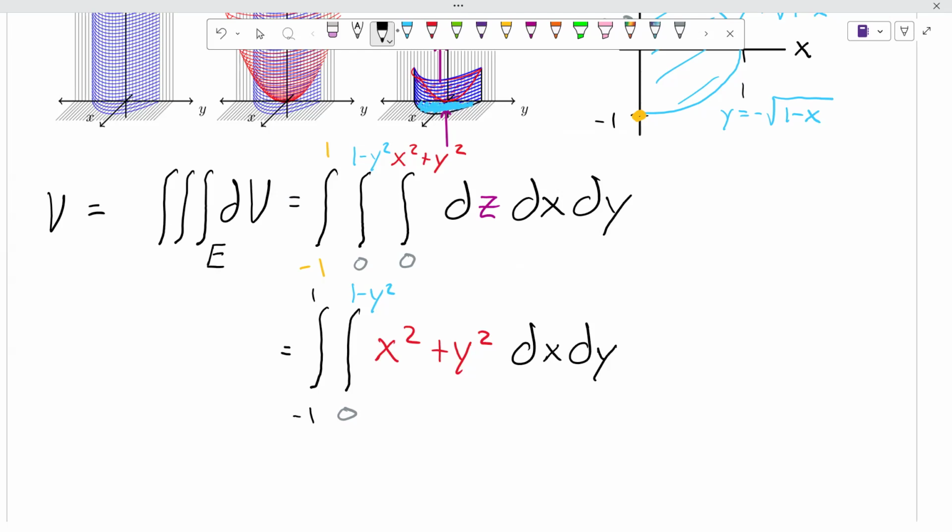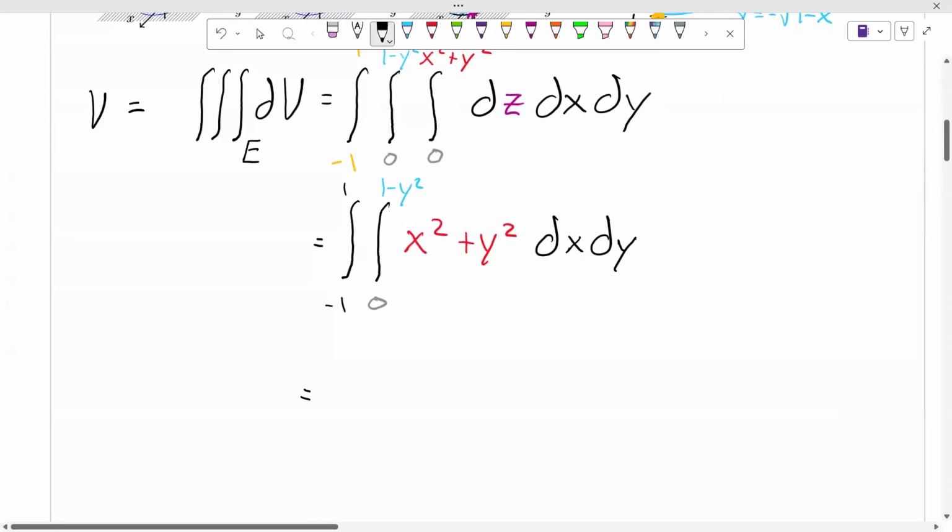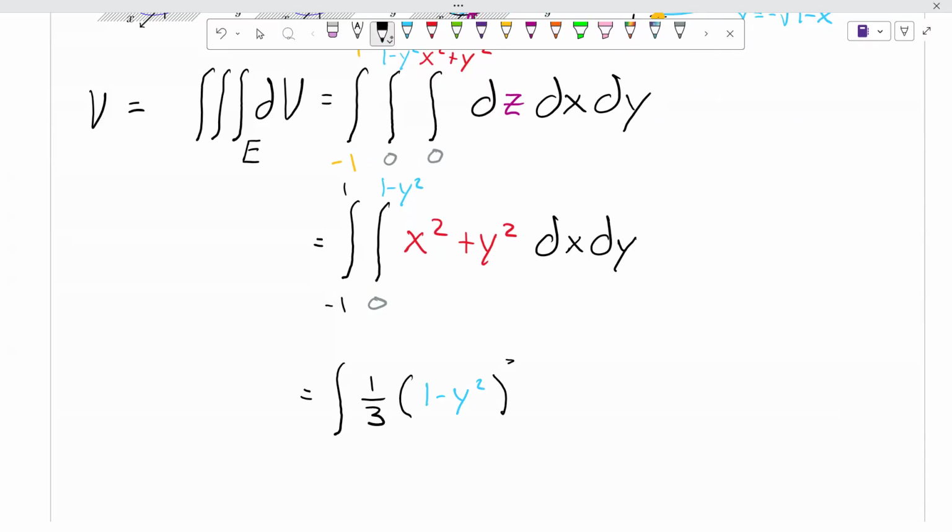So now I get to do the x integral, which is going to integrate to 1/3 of 1 minus y squared, that thing cubed, plus y squared times 1 minus y squared dy. We're going to integrate from -1 to 1.